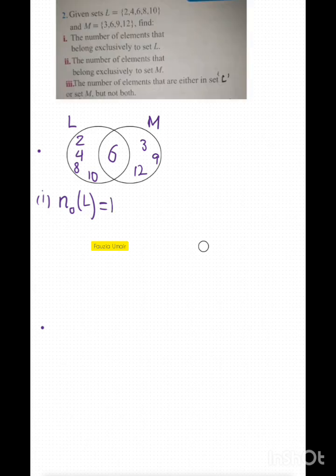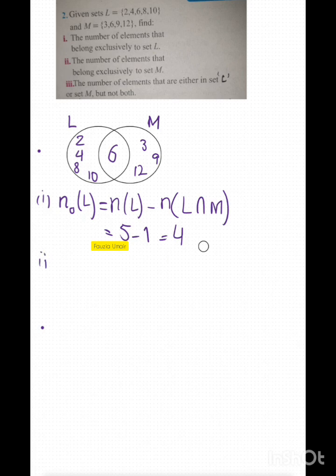So n of L minus n of L intersection M. So n of L is 5, the number of elements in set L, and the number of elements in intersection is 1 only. So the answer is 4.